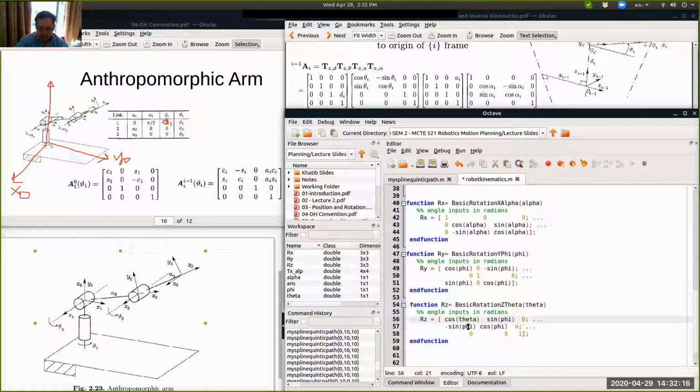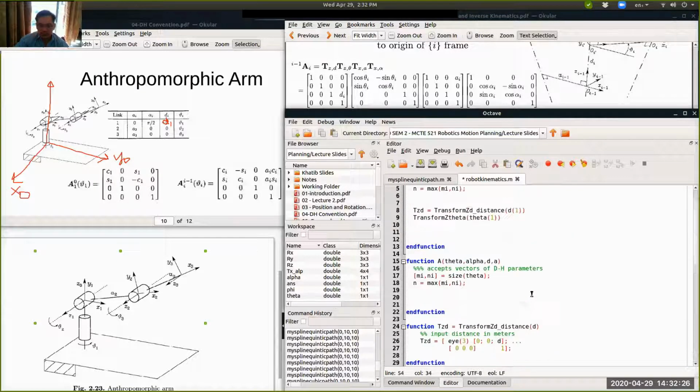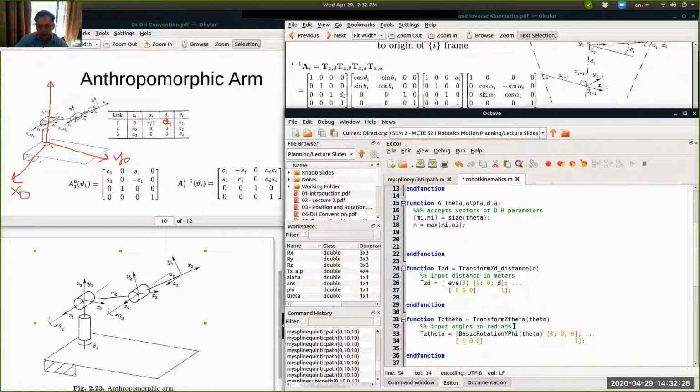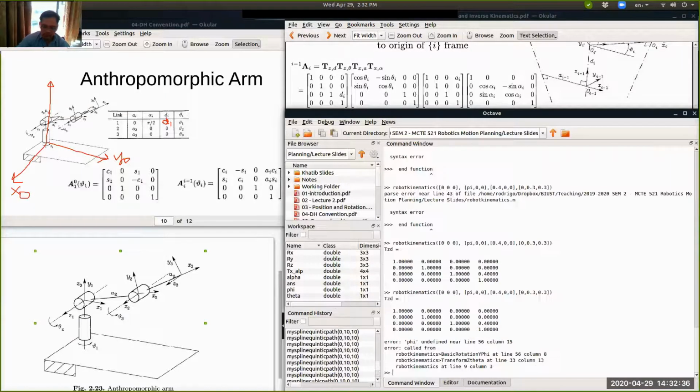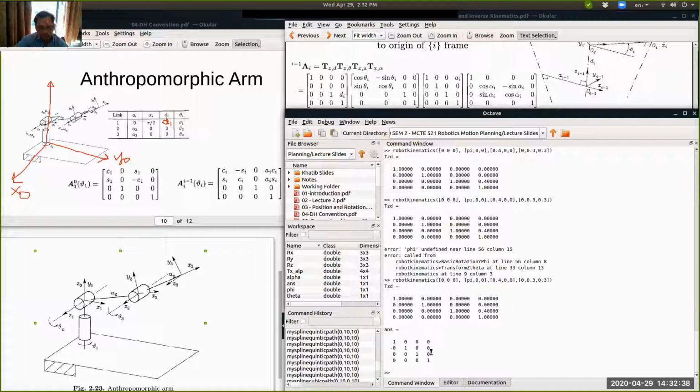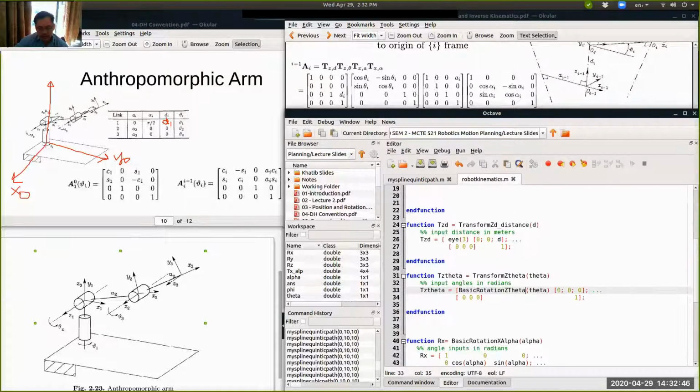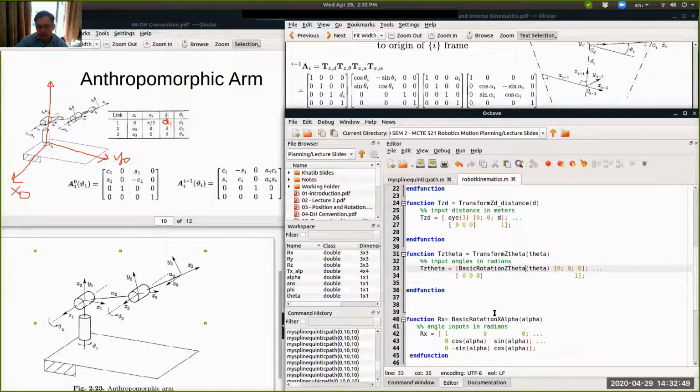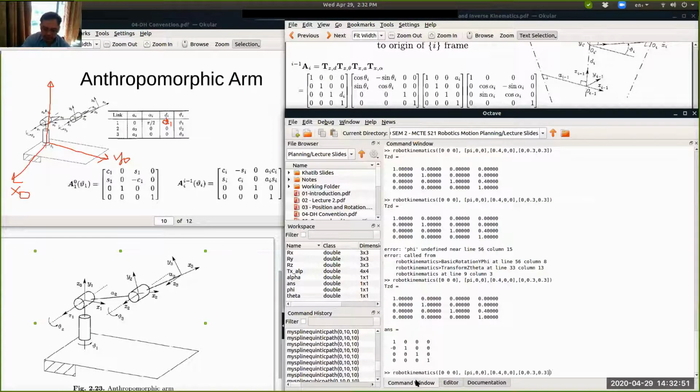So this is theta, theta, theta, theta. That's correct now. And then Y phi, alpha. So Z by theta is transform Z by theta, basic rotation. Okay, now let's check. Now you Z by theta, and because theta is 0, there's no change.